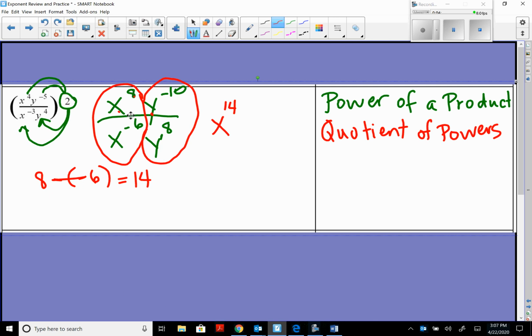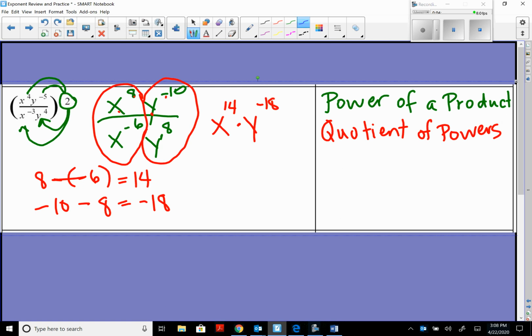I'm going to do the same thing with the y's, but now I'm going to subtract the negative 10 minus 8. If I have a negative 10 and I subtract 8, that gives me negative 18. So now I have x to the 14th power times y to the negative 18th power. And I did both of those things using the quotient of powers property.